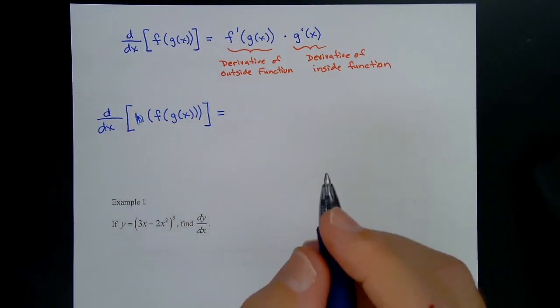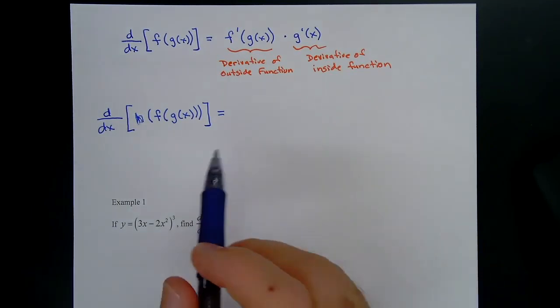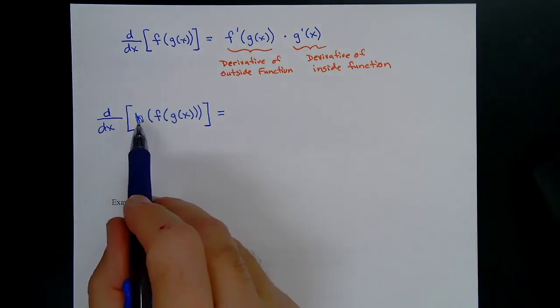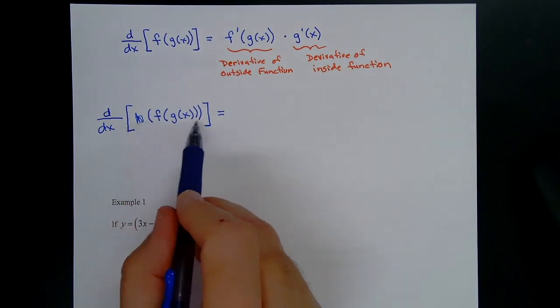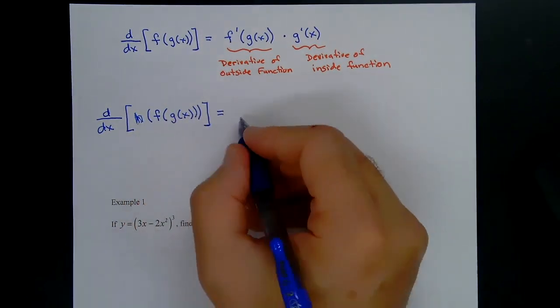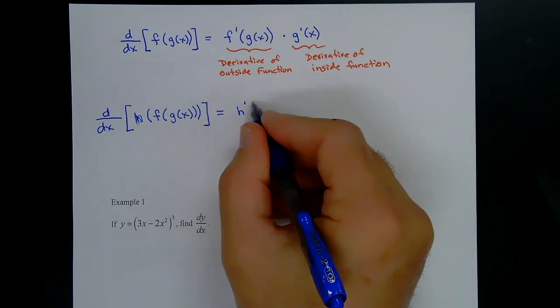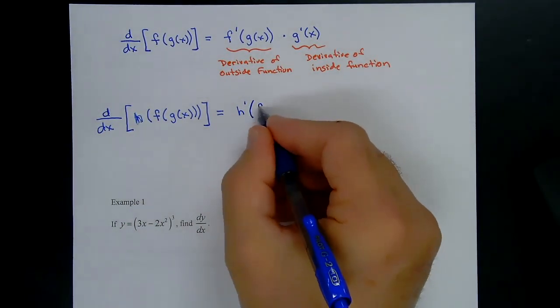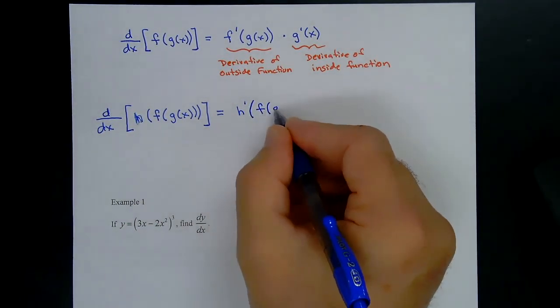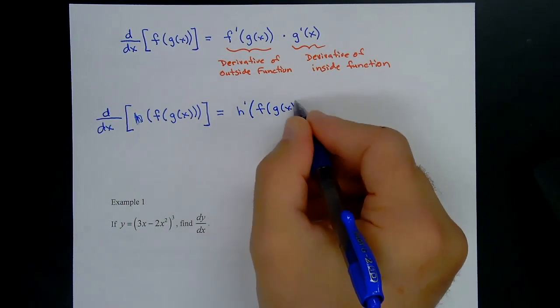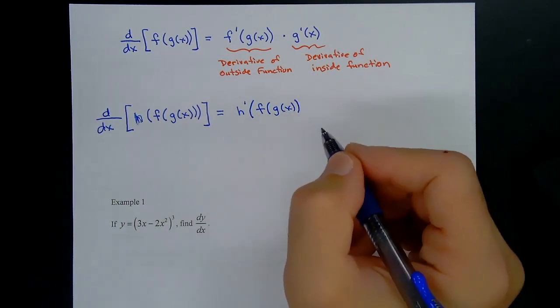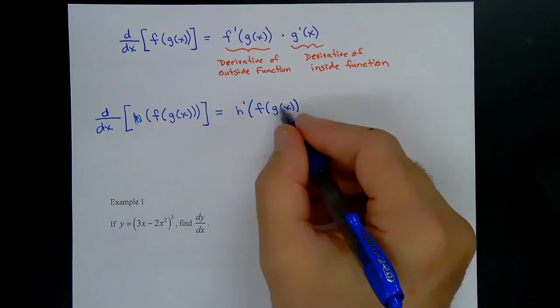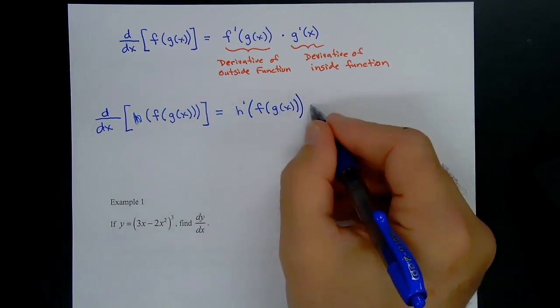All right, so what do we have to do? Well, we got to take the derivative of the outside function, keeping the inside, right? So this would be h prime of f of g of x. Okay, and we have that one, and we have one more. And then times.